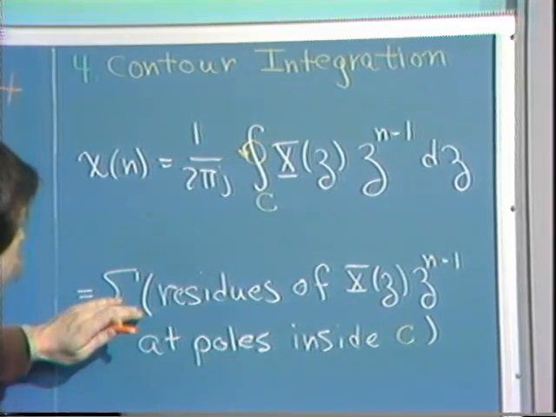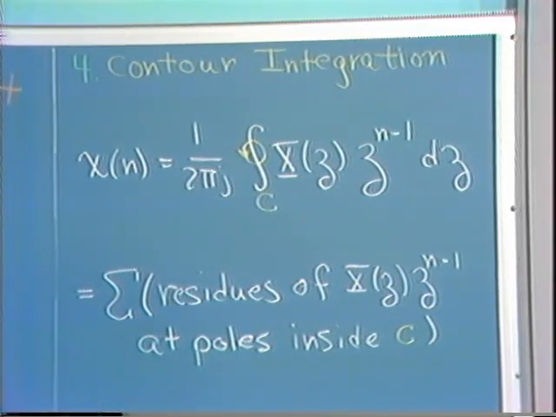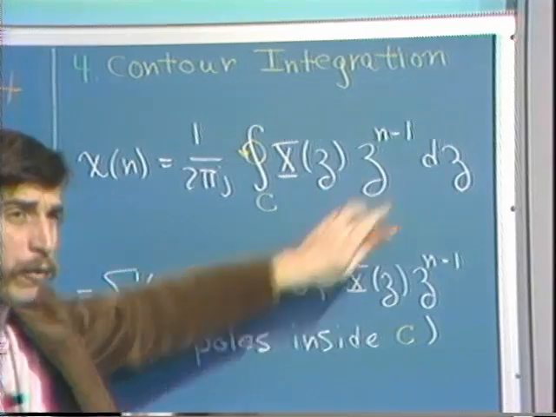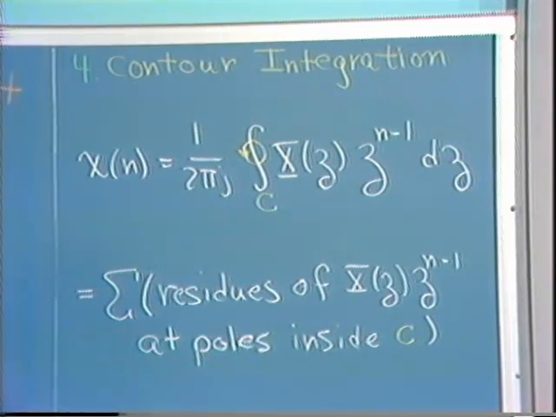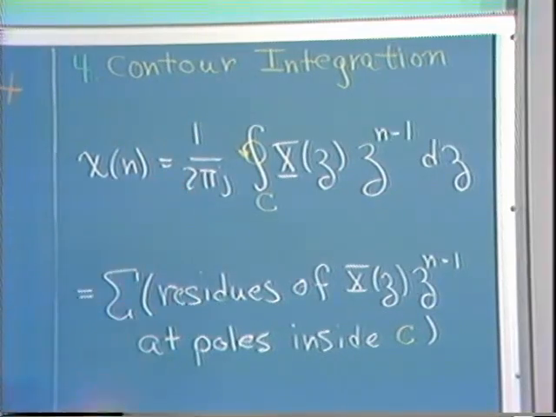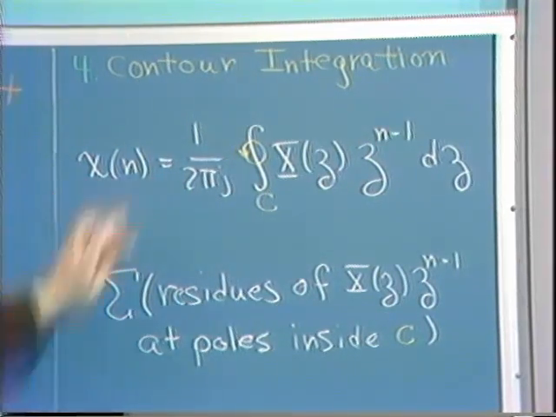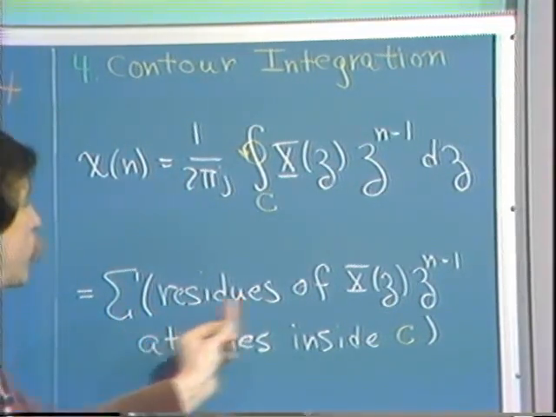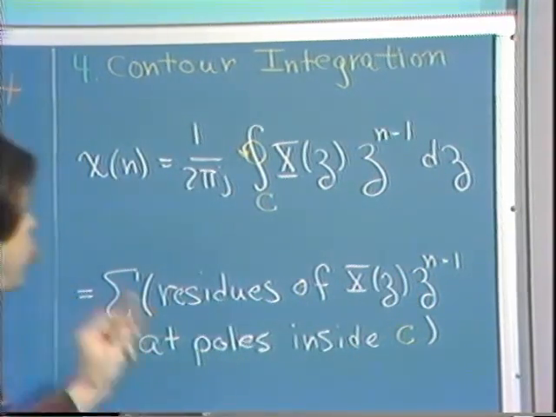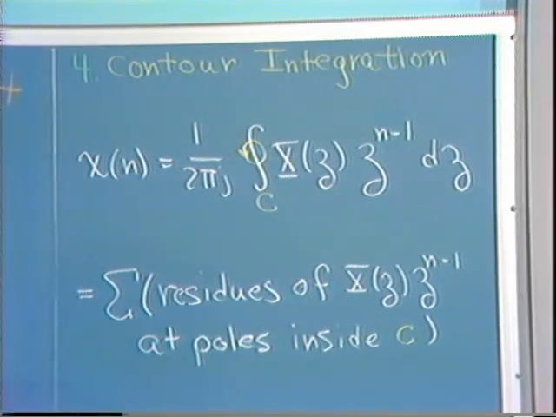I'll state, and hopefully this is a property of complex contour integrals that you're familiar with, that the integral of a rational function of that type is 2 pi j times the sum of the residues inside the contour. And that 2 pi j cancels out the 1 over 2 pi j. And consequently, x of n is simply the sum of the residues of x of z times z to the n minus 1 at the poles inside the contour C.